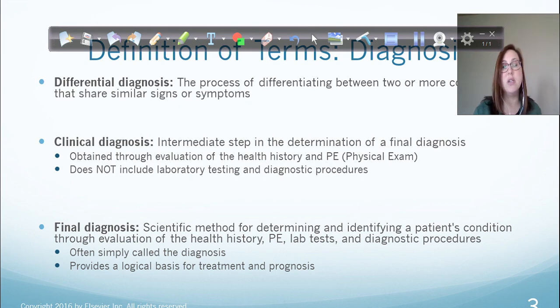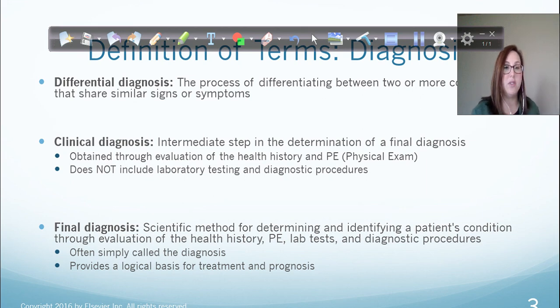So this doesn't include any kind of lab test or diagnostic procedure. It's just the health history. It's the clinical part of it. So what are you doing in the clinic, or clinically determine what's wrong with the patient. So you find out what kind of symptoms the patient is having, the doctor does the exam, and then comes up with a clinical diagnosis.